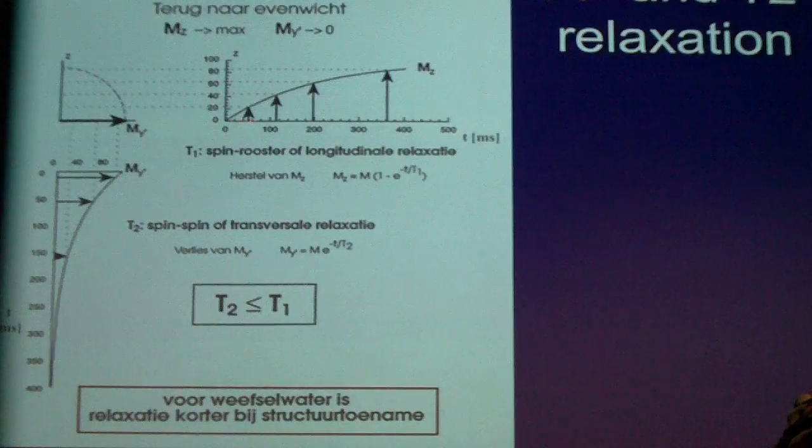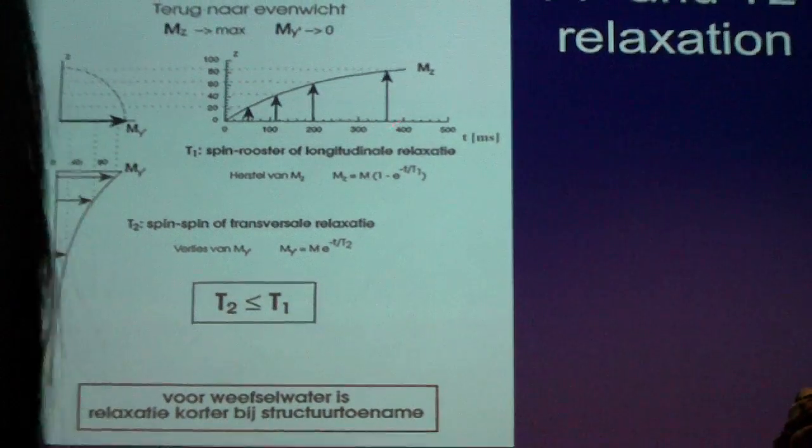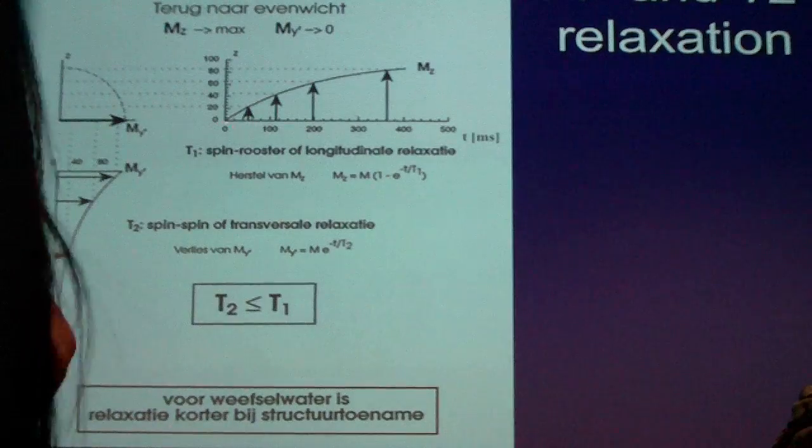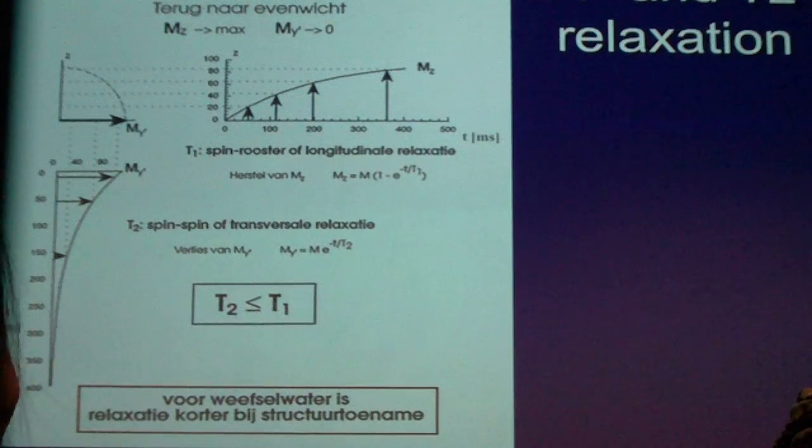Now you can say, okay, I wait a little bit, and then I do my next acquisition, my next excitation. Or I will wait for a long time before my next one. If you wait for a long time, it means that all the magnetization would relax back to the equilibrium situation. It also means that you have a lot to excite.